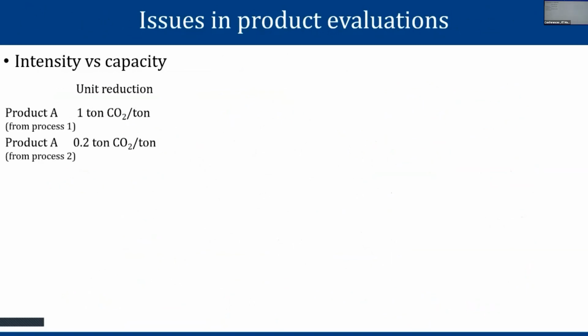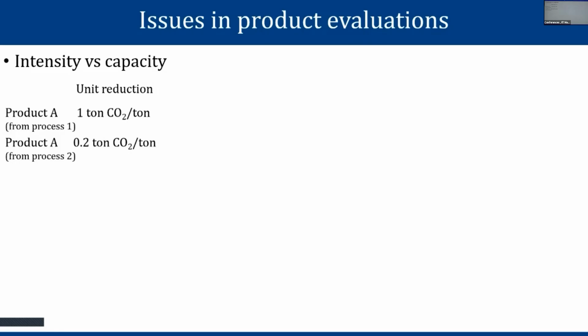If we are comparing the same product produced from 2 different processes, it is okay for us to compare the unit reduction of these 2 processes to determine the relative competitiveness between them.